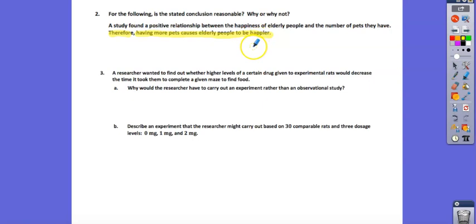To do an experiment, you might have to get 40 elderly people randomly, give them an assessment on their happiness scale, and then assign some of them no pets, some of them 1 pet, some of them 2 pets, and after a certain amount of time, measure their happiness scale again, and then that would allow you to say this. But you'd have to do an experiment, not just an observation, if you want to make this big statement, that this is cause and effect.